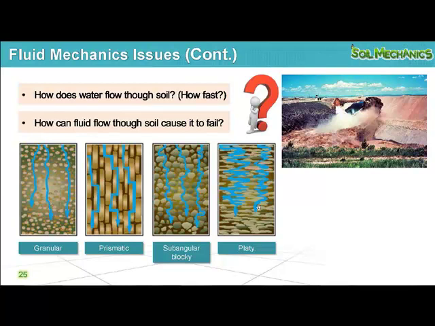The water can flow very slowly through the clay layer, but through sand or gravel it can flow faster, due to the void space between soil particles being large or small.